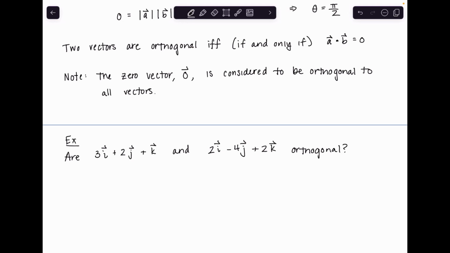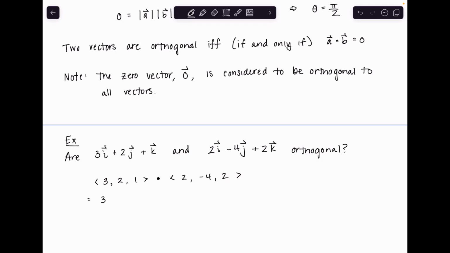So this is just written out in terms of i, j, and k. I personally don't like using it because it's a pain to have to write all of these out. But to determine if these are orthogonal, I'm going to go ahead and take the dot product between these two. So my first vector really can be written as 3, 2, 1. And we're going to dot product that with 2, negative 4, 2, because that's our other vector.